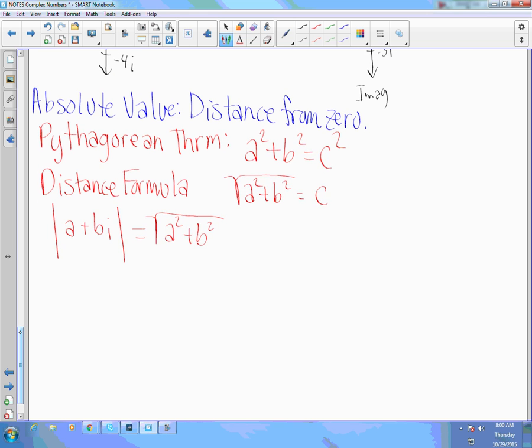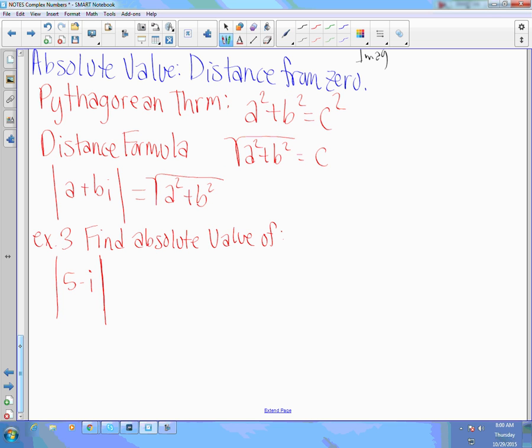Okay? So our next example, example 3, using that same problem above, we're going to find the absolute value of the following. That was 5 minus i. So absolute value, make sure your absolute value bars are big enough and don't look like ones.